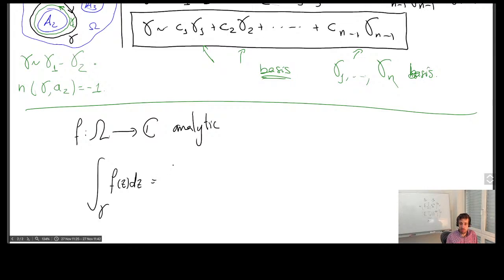So this will be the same as c1 gamma 1 plus and so on, where this is understood as taking the integrals one at a time. So we'll do that in a second. Why? Because of this above.